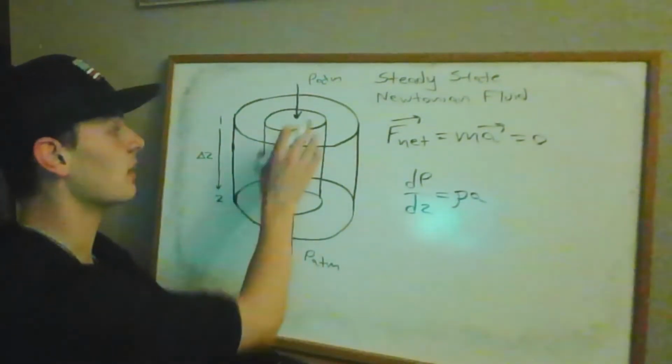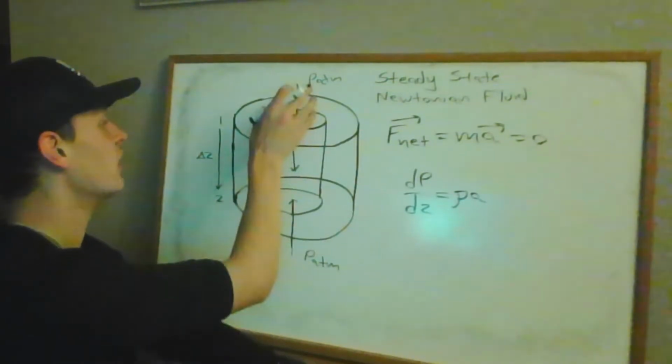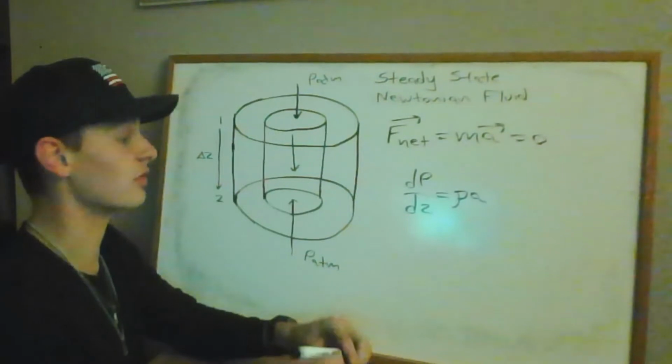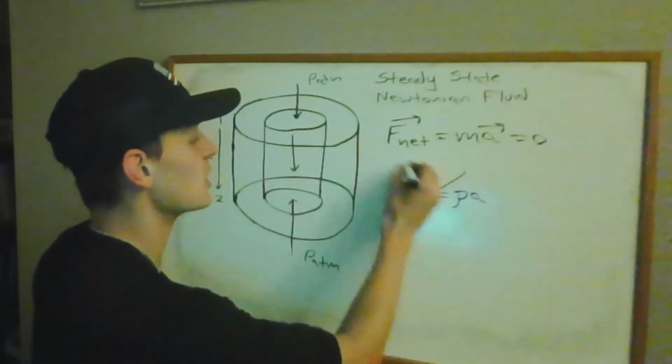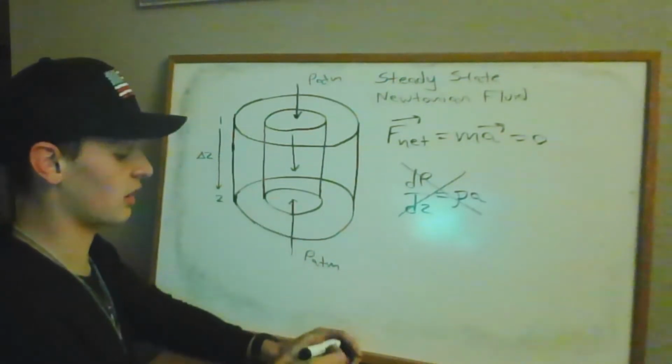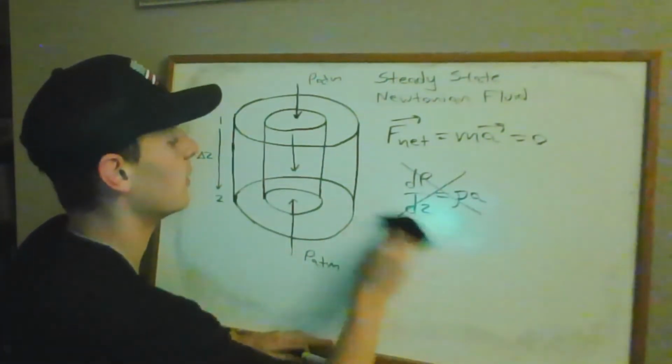So it doesn't apply here because our fluid is in motion. We have fluid moving down through this pipe, so the fluid is not static, that is for sure. So this expression does not apply, and we do not see a pressure increase as we move down this pipe.